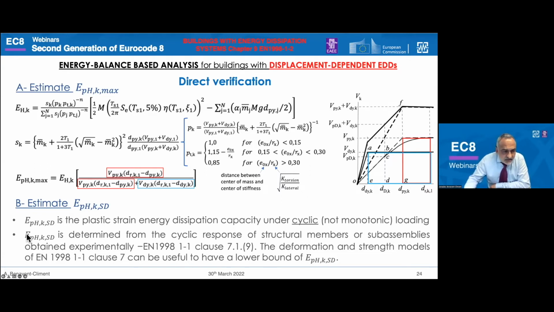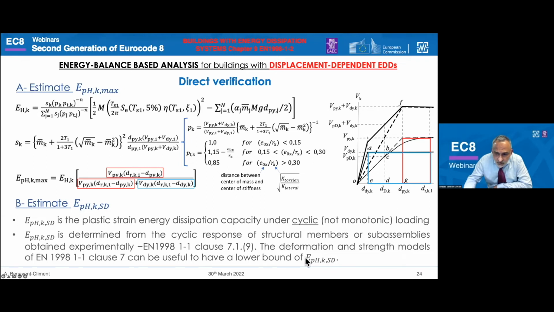The energy dissipation capacity of the main structure, the K story, EPH-KSD, must be determined from the cyclic response of the structural members or subassemblies obtained experimentally, and the deformational strength models that are in clause 7 of part 1.1 can also be very useful to have a lower bound of this value.